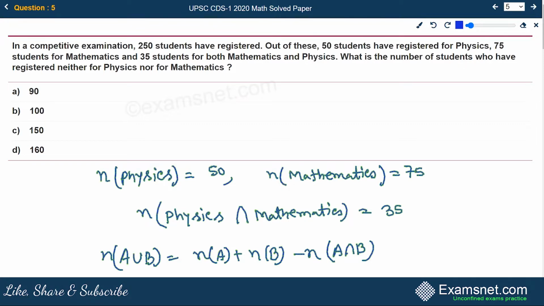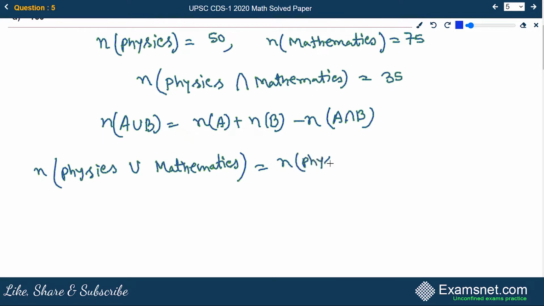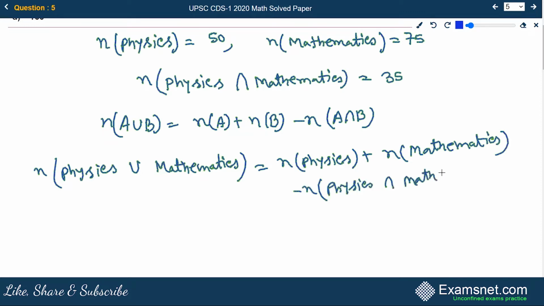So n of physics union mathematics, the total number of students registered for physics and mathematics, equals n of physics plus n of mathematics minus n of physics intersection mathematics.